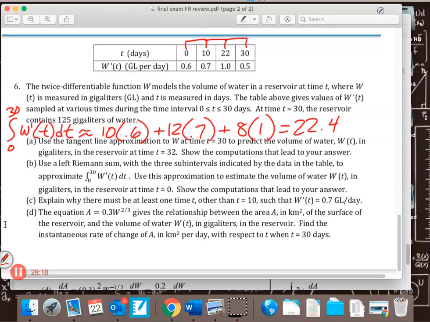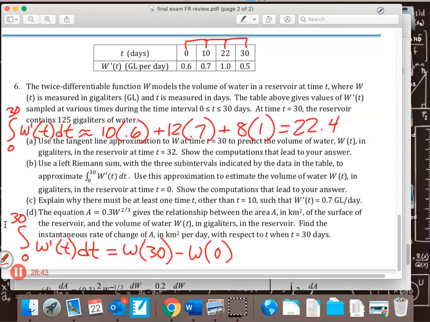Kind of a thing. If that throws you off, think of it like this. The integral from 0 to 30 of W prime. Well, what is that? Not in numbers, but in function mode. That would be W of 30 minus W of 0, right? Just evaluating your definite integral.